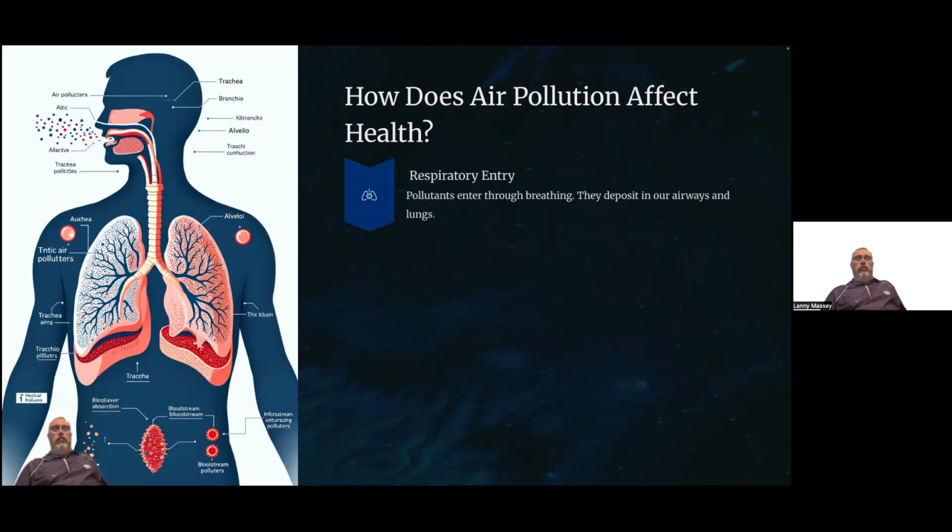And when you get air pollutants into your lungs in particular, the next step is it's going to move into your bloodstream, just like the oxygen attaches to your red blood cells to move throughout your body. The pollutants inside your lungs are going to do the same thing. So you need to be very aware of that. So those are things to think about.